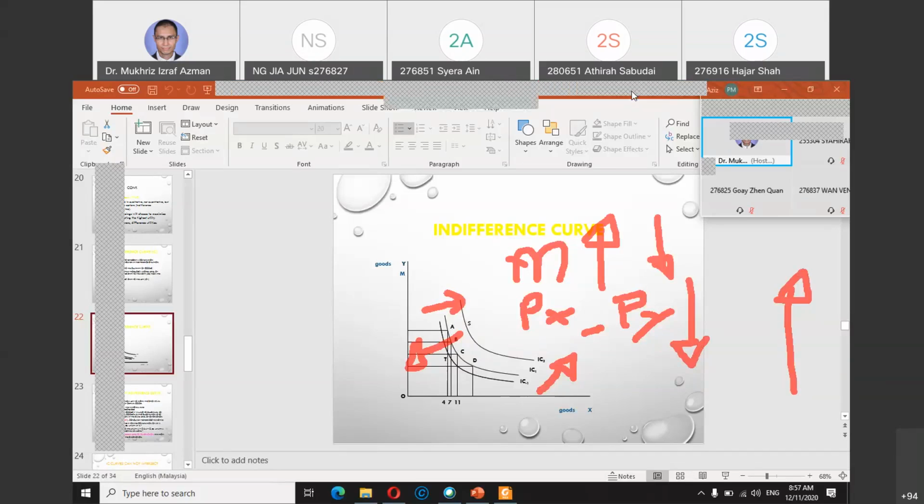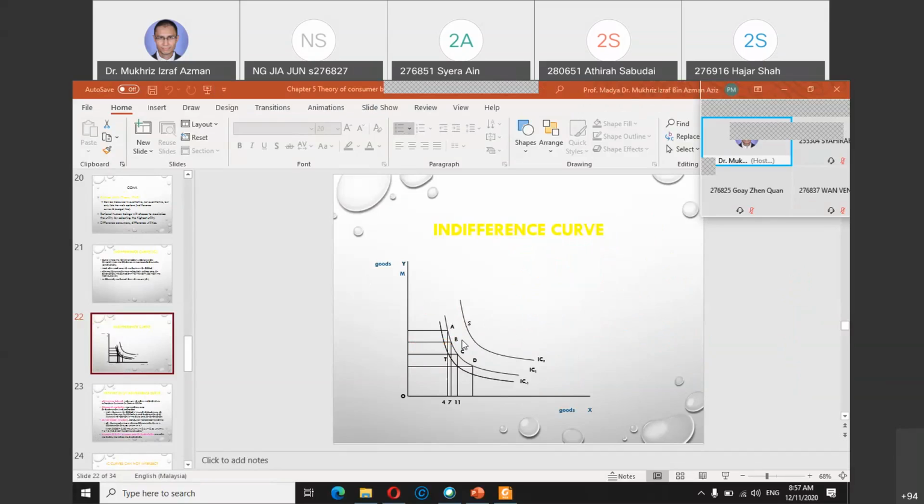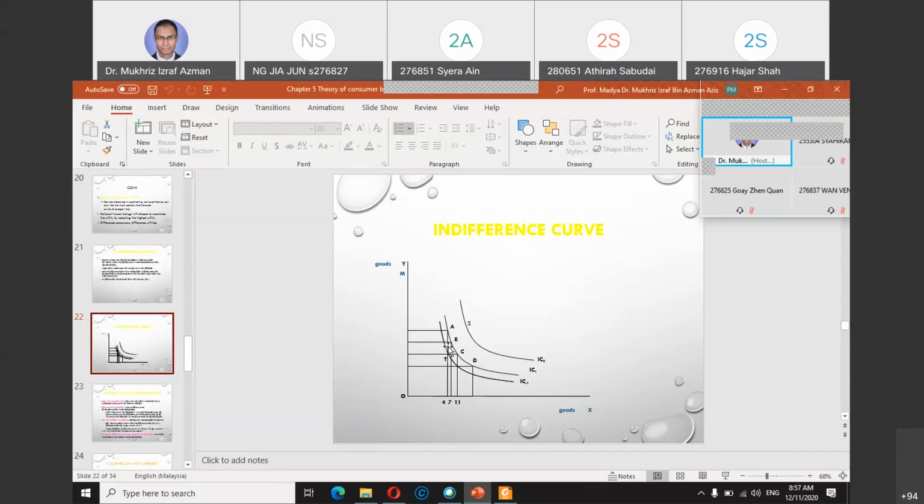So those are the two factors that can cause a person's indifference curve to go upward or backward, increase or decrease from its original position. You can read this here, but the main thing that I want to highlight is, first, any point along the indifference curve will give the individual the same amount of utility.